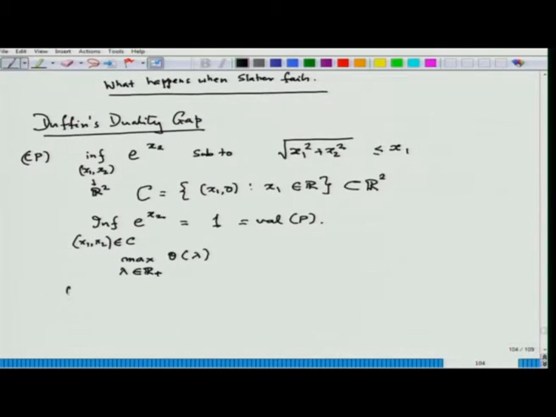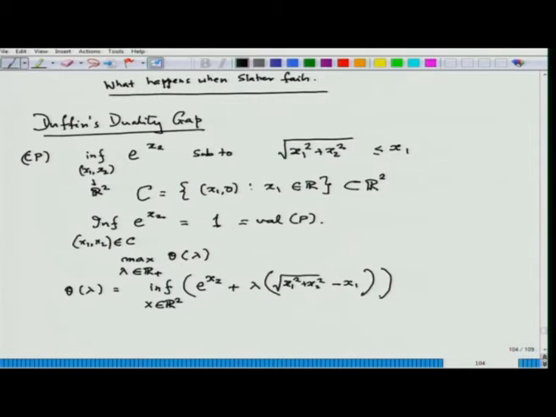Observe that I can write theta lambda as the infimum over x in R2 of the Lagrangian L, where this minus this is less than or equal to 0. So, this is my theta lambda.